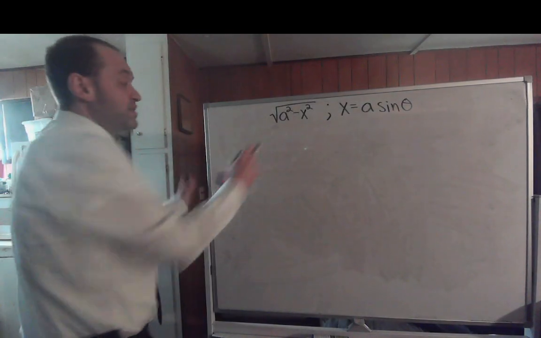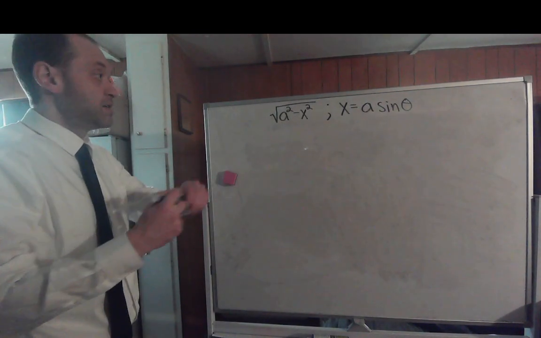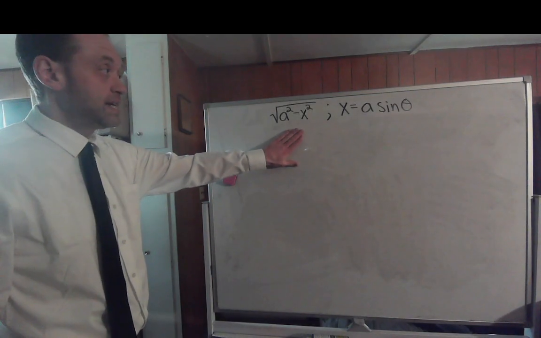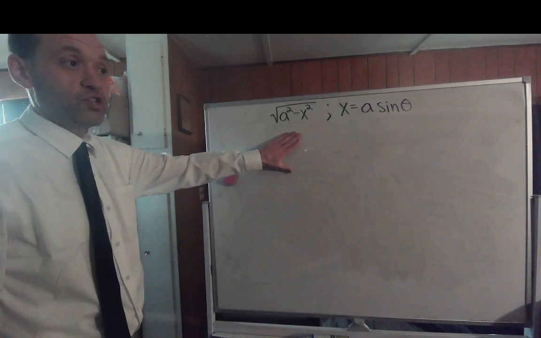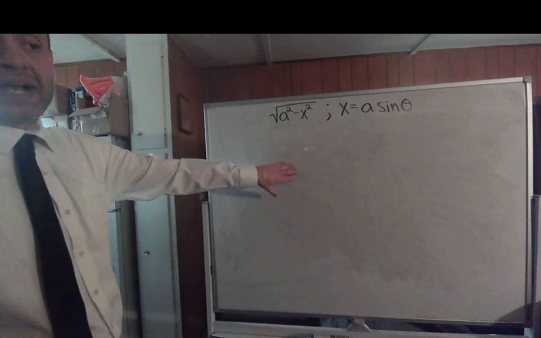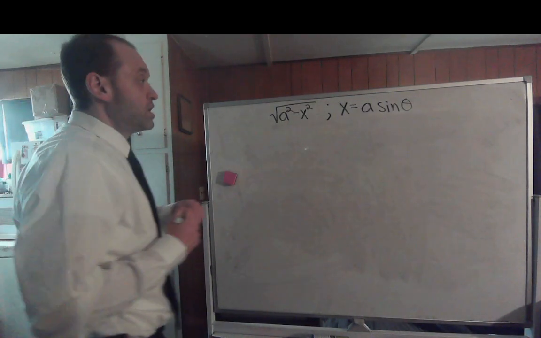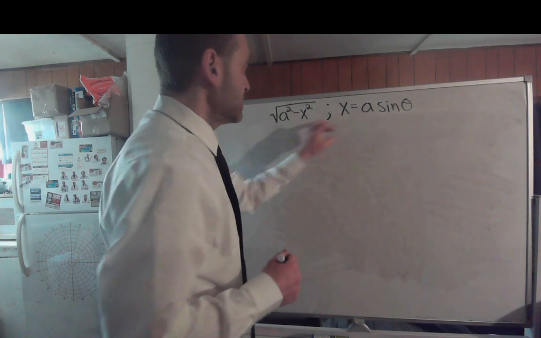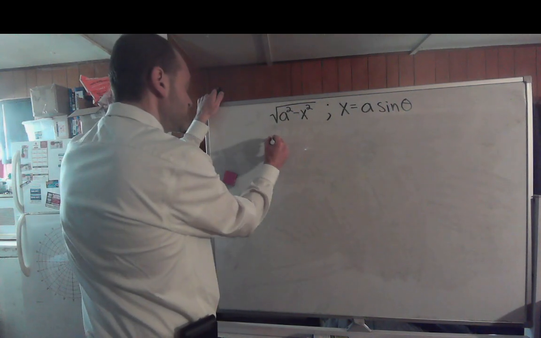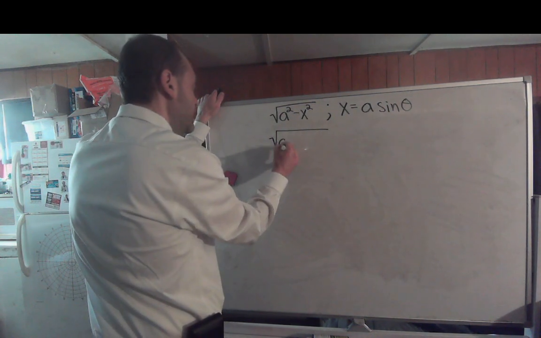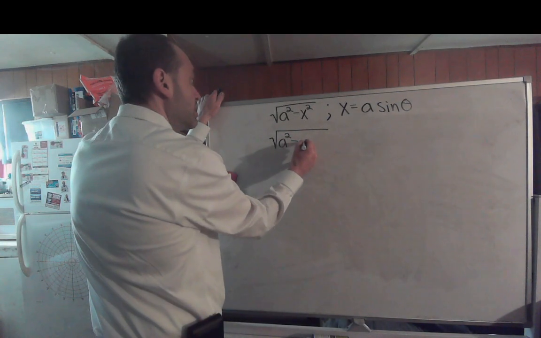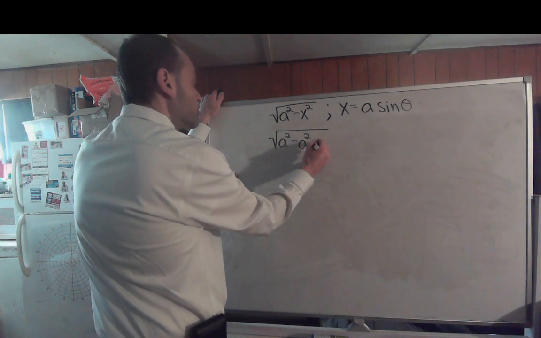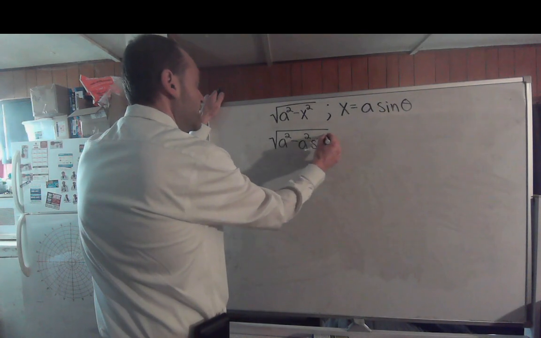We want to make this whole expression, not just x, equal to a trig function that we can actually manage. So what you need to do now is substitute that value of x in. So this would turn into the square root of a squared minus a squared sine squared of theta, right?